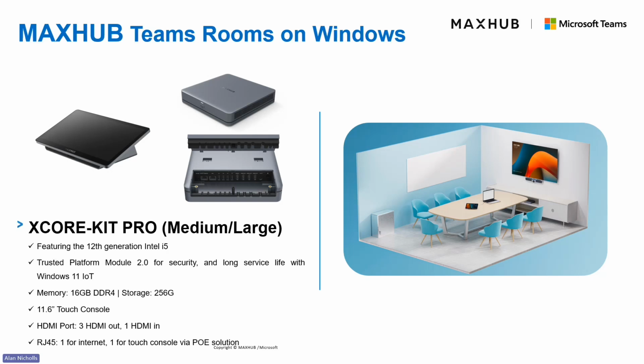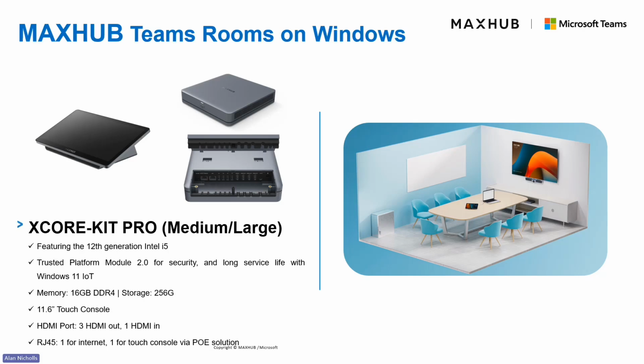Both of our X-Core kits and our X-Core Kit Pros can control all of those. The big difference with the Pro is we're going to be multi-screen, so we can do dual screen on this as well. And we're going to be able to do 4K through our HDMI in the back for ingest as well. And we do a USB-C ingest on the touch panel on this one.